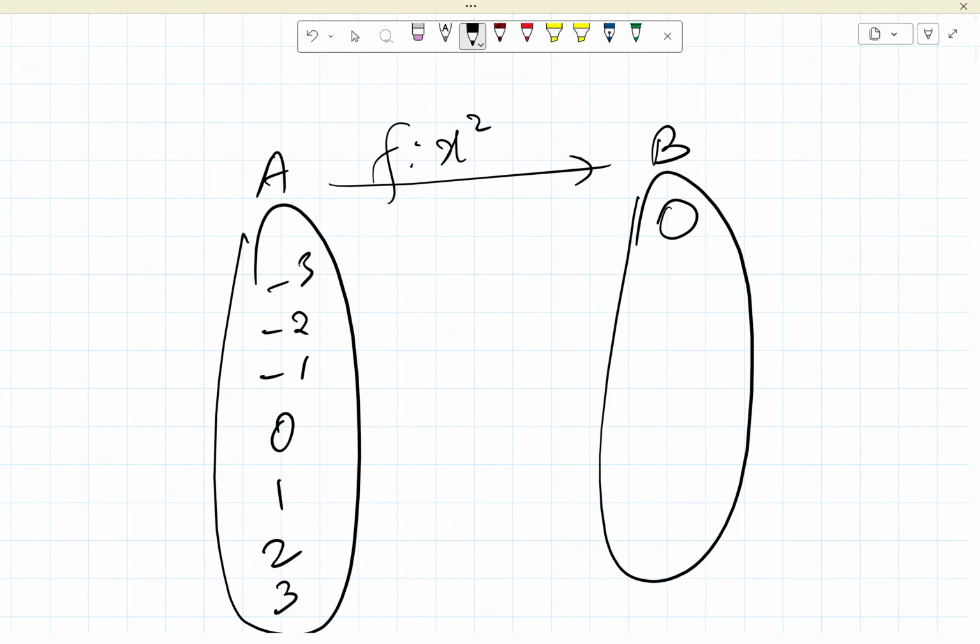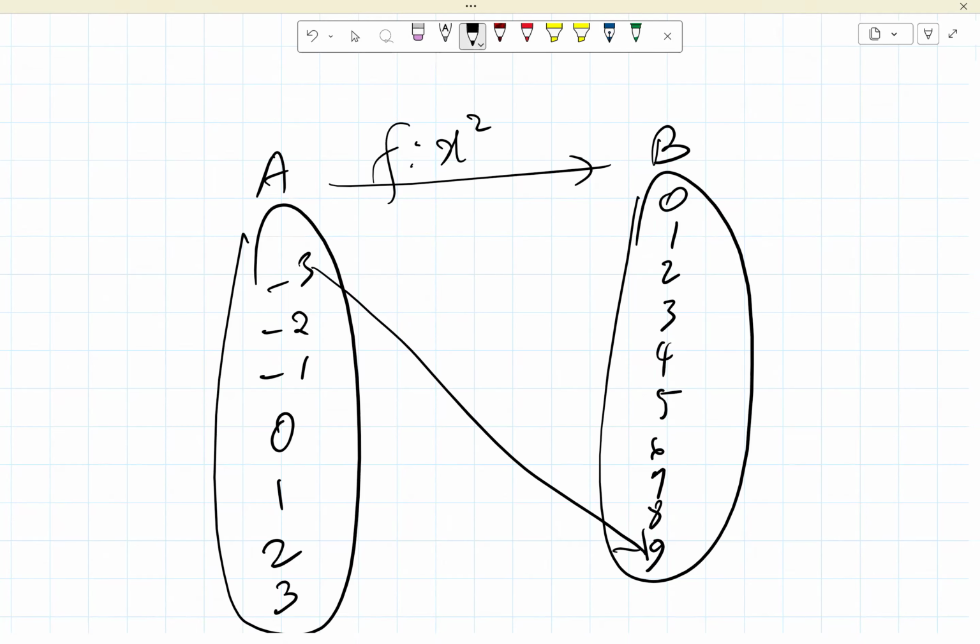And in B you have 0, 1, 2, 3, 4, 5, 6, 7, 8, and 9. So minus 3 is mapped to 9.